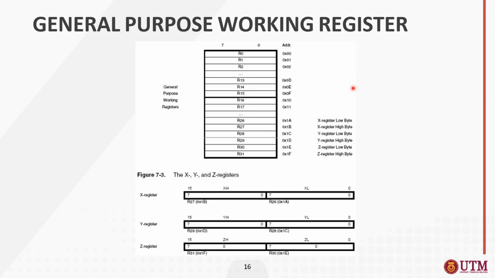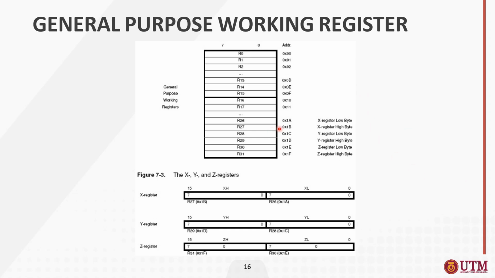Data from SRAM, which is the main data memory, can be temporarily loaded into these registers to be processed, which makes access faster. Because the general purpose working registers are so fast, they can make the program or system operate faster.